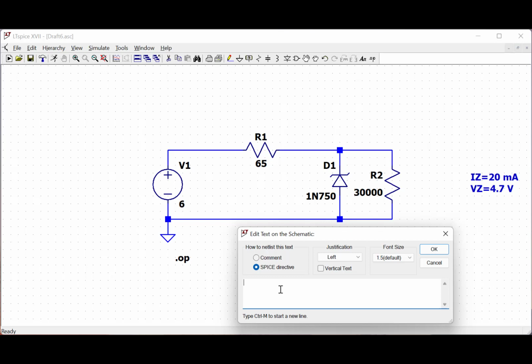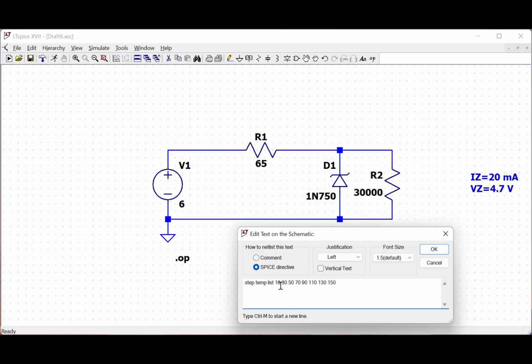We will try two different directives. The first one is .step temp. In this way, we're going to make a variation in temperature. And we can, for instance, do that by providing the simulator a list of temperature values. It can be, for instance, 10, 30, 50, 70, 90, 110, 130, 150.